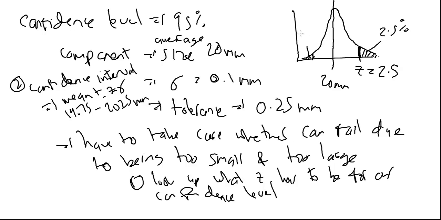So say that was 2.5% also. And so if I knew that there was 2.5% of cases that were too big and 2.5% of cases that were too small, well then I'd know that my confidence level was 95%.